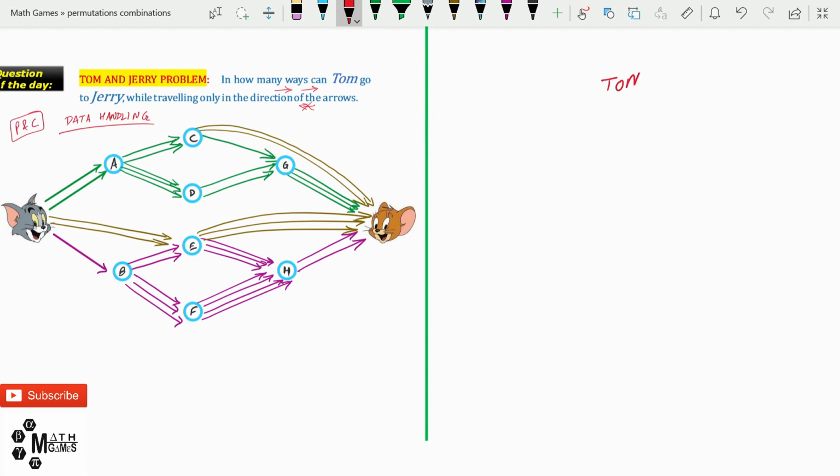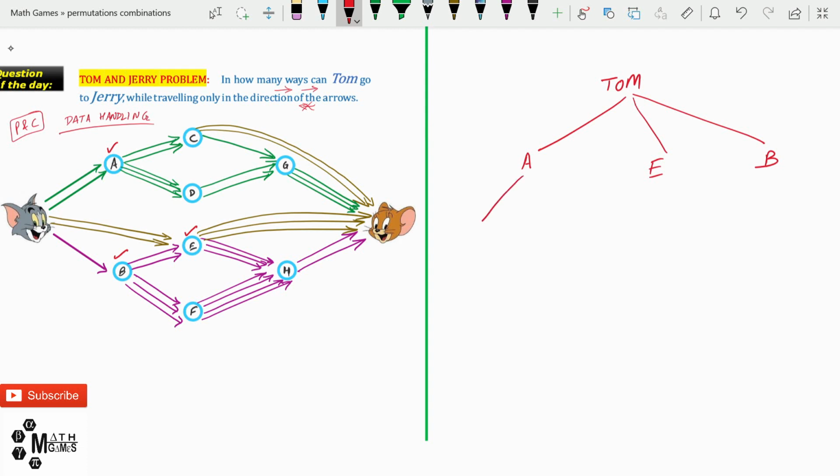So Tom in the first stage has only three possible cases. Tom can either go to point A, or go to point E, or go to point B. Now we will solve this question in layers. When Tom is at point A, let us see what other possibilities he has.